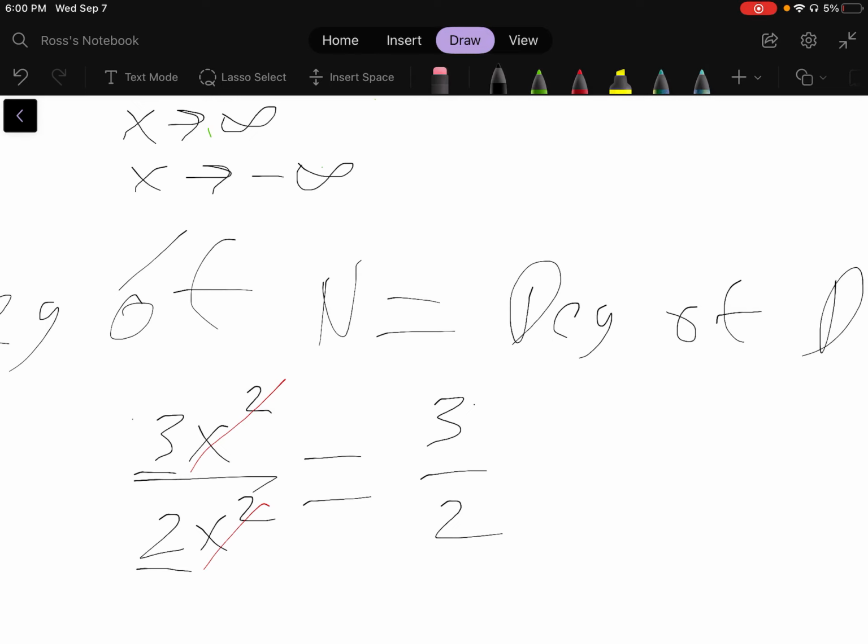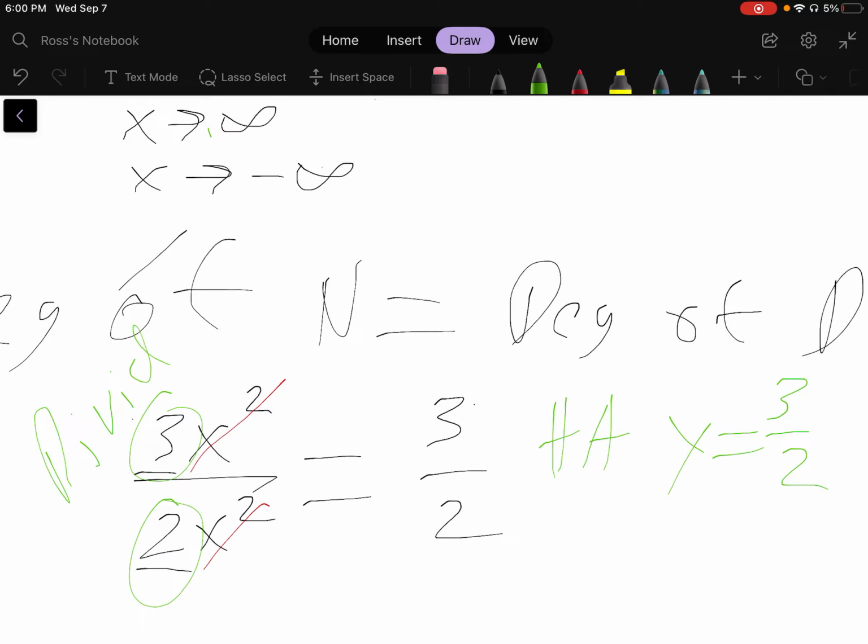So that is where our HA happens, at y equals 3 over 2 in this case. You just divide the coefficients. I would write that down. Again, good to take notes on this, because this is important stuff.